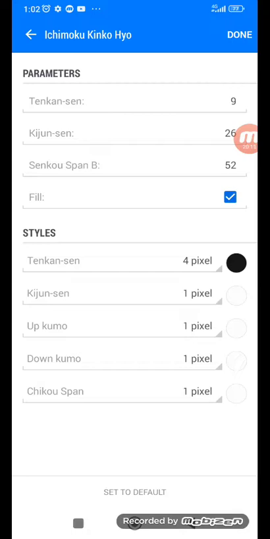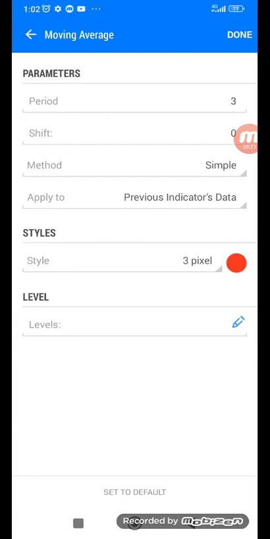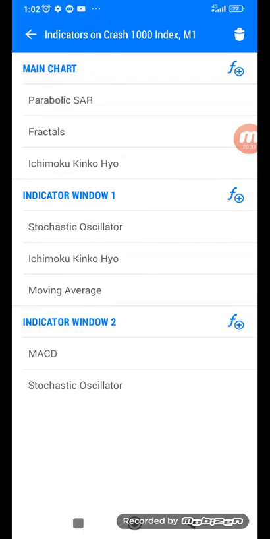You make the Tenkan-sen 4 pixels and the rest you make 1, 1, 1 with white. The next one on indicator 1 is moving average, period 3, method simple, and you apply it to previous indicator's data. You can use a style of 3 pixels for that and use any color.